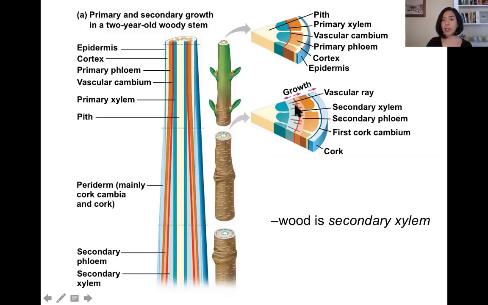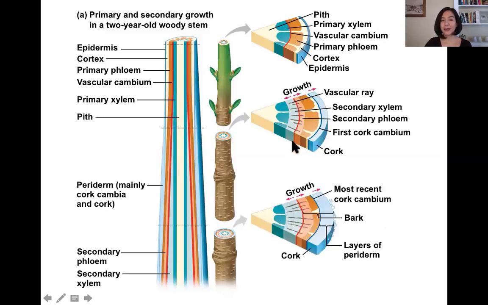And in red, what do we have in red here? So this is the vascular cambium. And as we move in time in this tree, we can see that more secondary xylem and more secondary phloem get accumulated. So this is another year of growth.